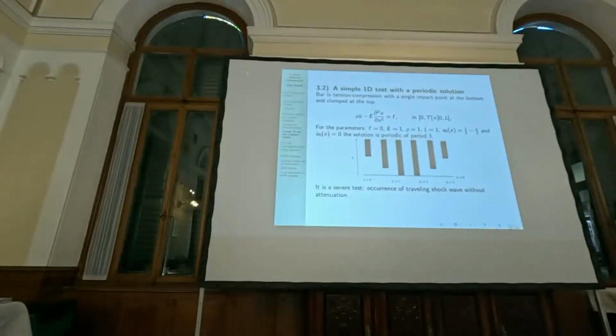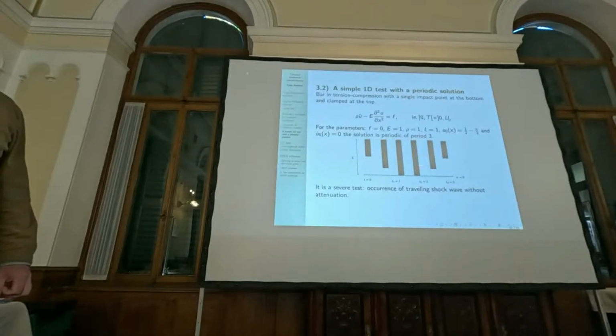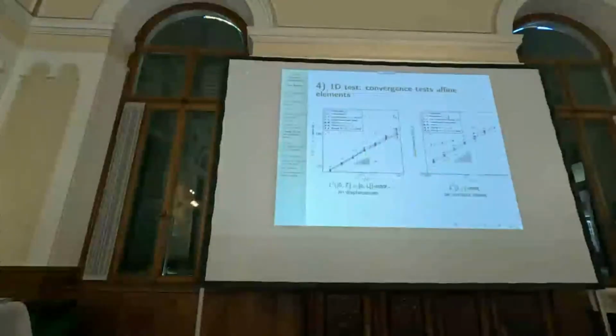And this benchmark is on a 1D problem. The 1D problem is, in a sense, a severe test because there is a traveling wave with no attenuation. This is a bar which is compressed at t equal to 0, and which has a periodic solution, which is easy to compute.